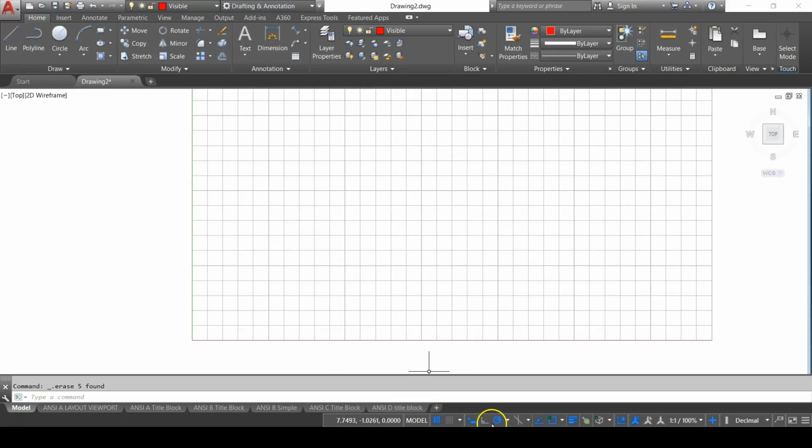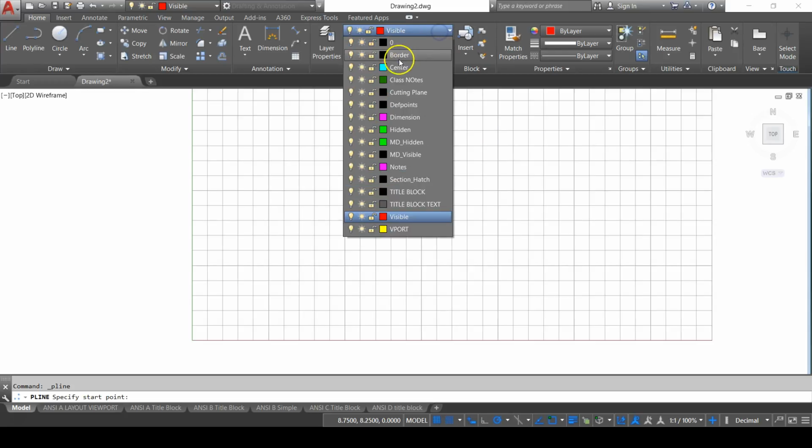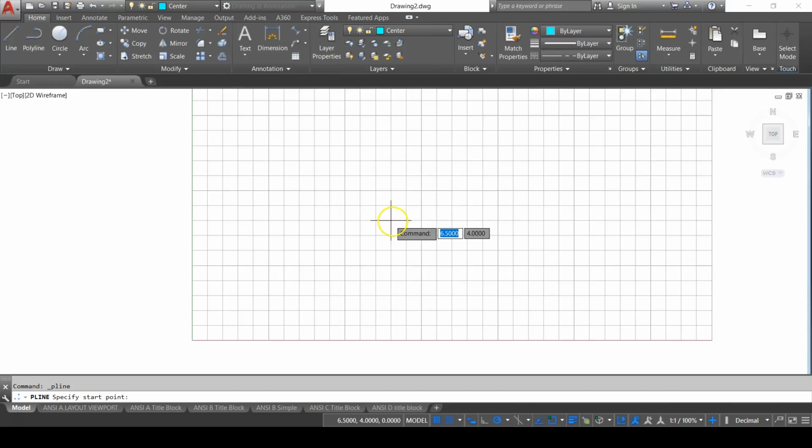So I think how I'll do this is I'll go to Grid Snap, I'll go to Polyline, and I'm going to draw the angled line first, and I'm going to use a center line because I know that this is going to be the distance between the two centers.